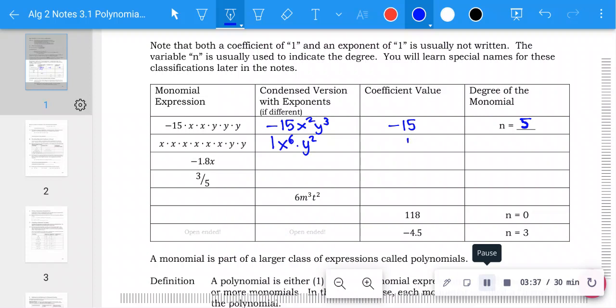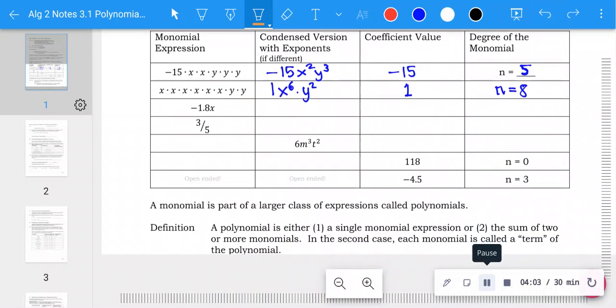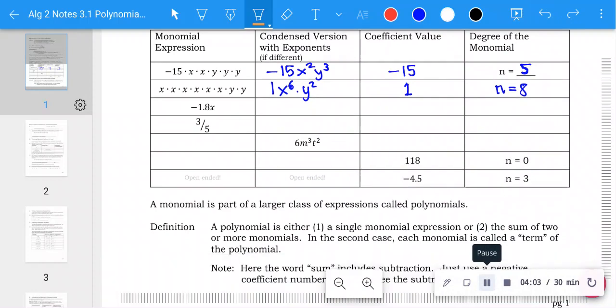So there's like a 1 in front there that is also multiplied by that. And the degree is going to be 8. That's because there's 8 variables all multiplied times each other. You can find that degree by saying there's 6 x's times 2 y's, so a total of 8 variables multiplied all the way down. You don't count the coefficient number in front when you do this.